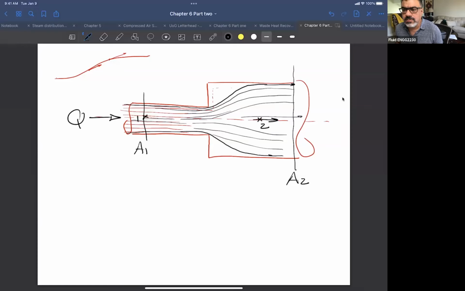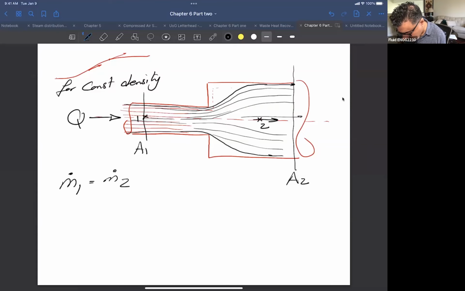Anyone, guys? Why do we say Q is the same? Conservation of flow, conservation of mass, right? For constant density, m dot 1 is equal to m dot 2, and the density is the same. That means Q1 is equal to Q2.